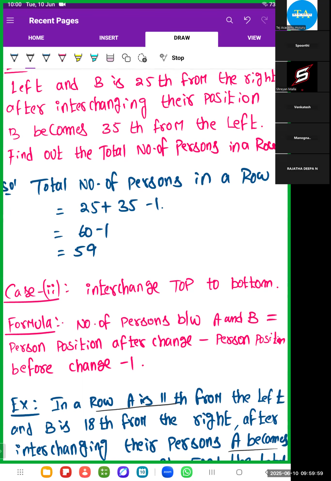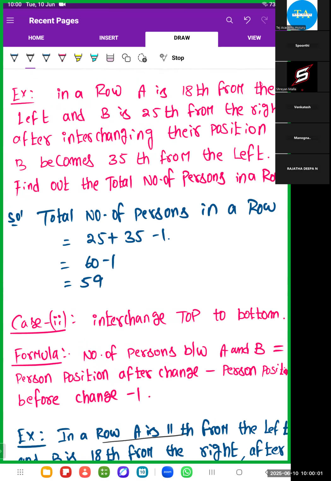Okay, tell me this question. Take the same example and tell me the second one. The answer is 9.